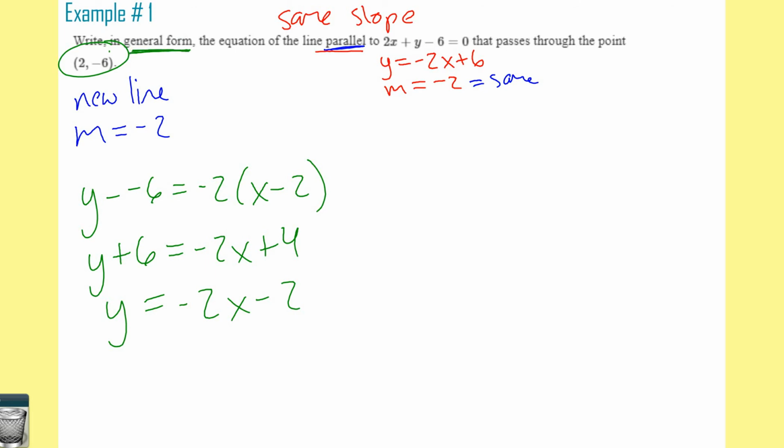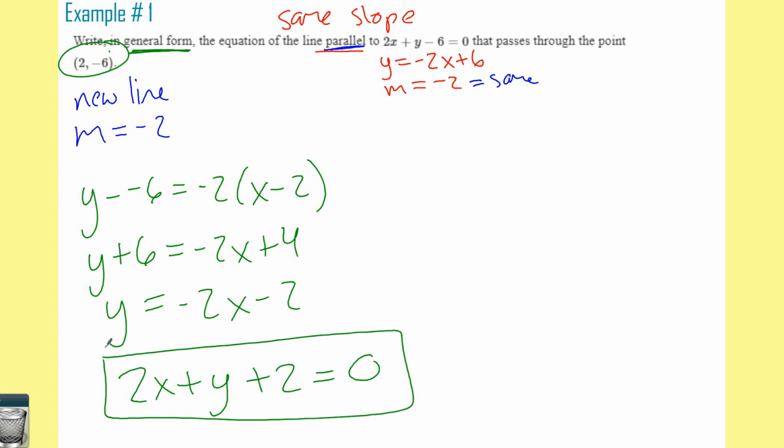Okay, so in general form, we have to move the 2x over, and the negative 2. So we're going to get 2x plus y plus 2 equals 0. I know, my instinct is always to go slope-intercept. So make sure you read the directions. Before you write your answer, always reread the directions and make sure you're putting what it's asking.